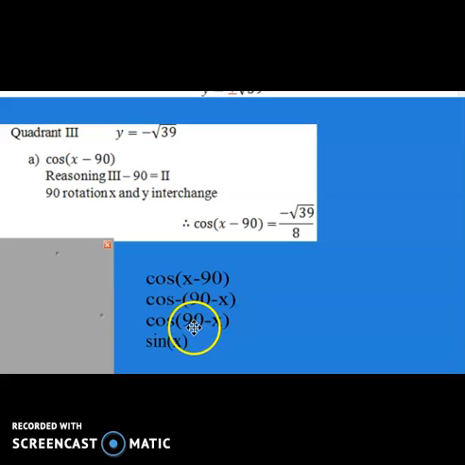When it is 90 degrees plus or minus, the name changes to sine of x. And sine of x, with the information given, is negative square root of 39/8. Sine is a y value over r value. The y value is negative square root of 39 and my r value is 8.